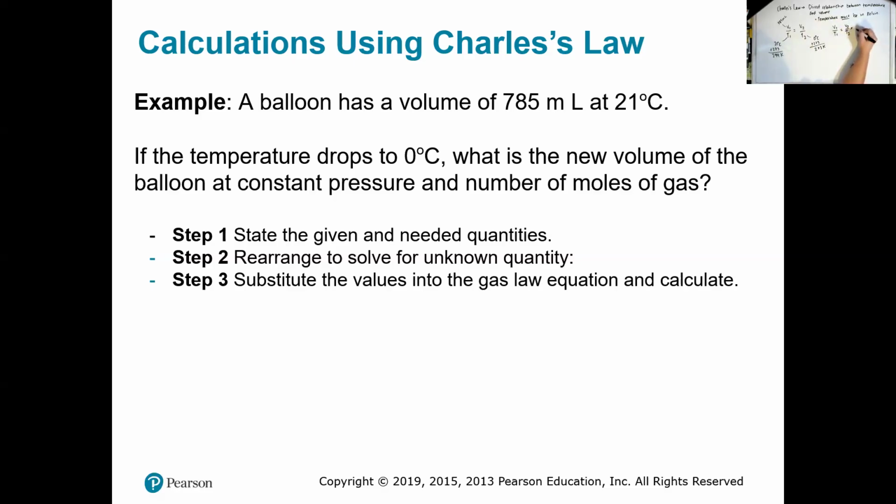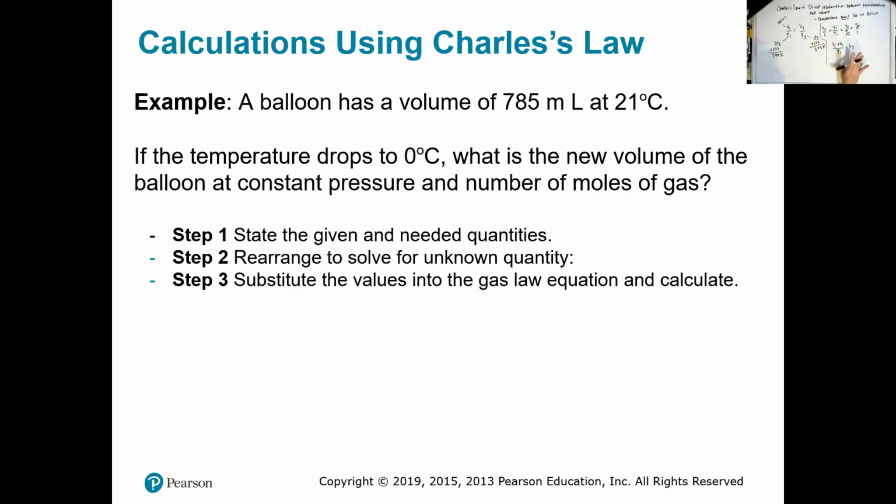So I'm going to multiply my right side by T2 over 1, so I can get rid of it from over there, and I'm going to put it on the left side. So now what I have left on the left side is going to be T2 times V1 divided by T1 equals V2.